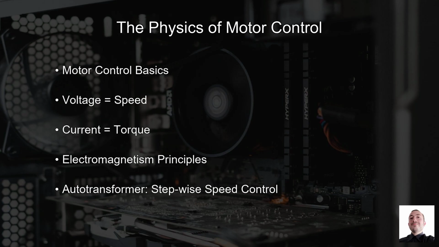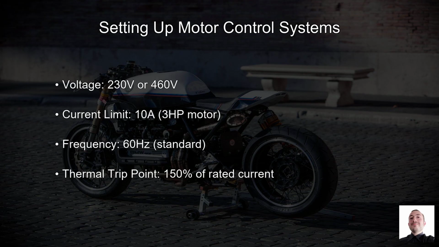For instance, using an autotransformer to vary the voltage, as mentioned in the context, allows for stepwise speed control. However, modern systems often use more sophisticated methods like variable frequency drives, VFDs, to achieve smoother and more precise control.